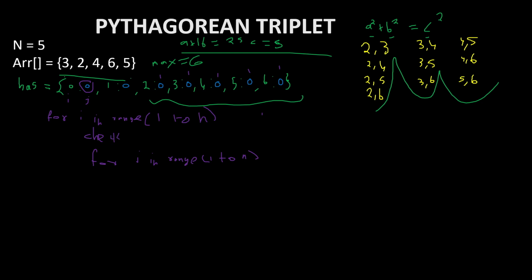If the value is not present, we use a continue statement here. If we use the continue statement, then it will directly update the value of i. The benefit of updating the value of i here is that if 0 is not there, then it will update to 1.